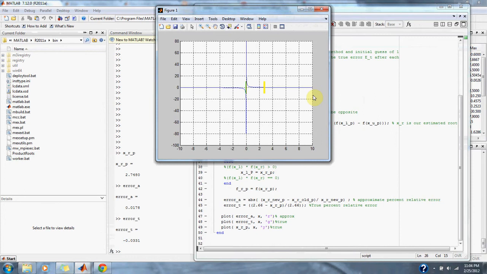So here we are with 15 runs through. We have a lot more approximations to the point that we want to reach.